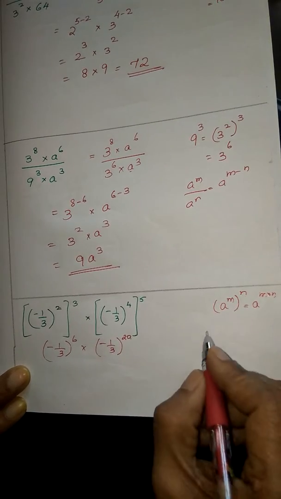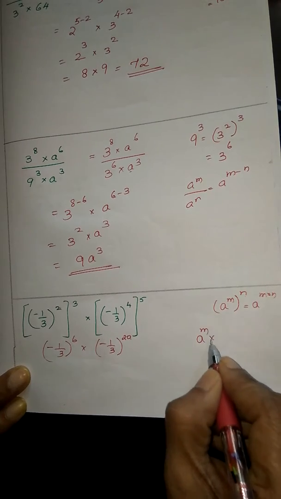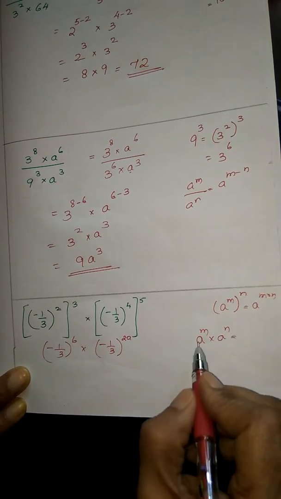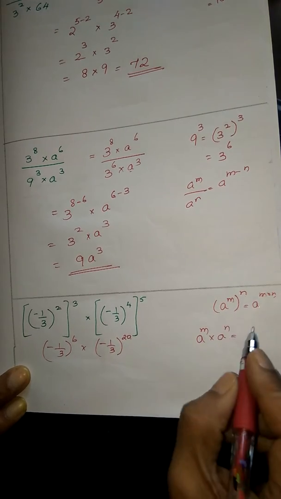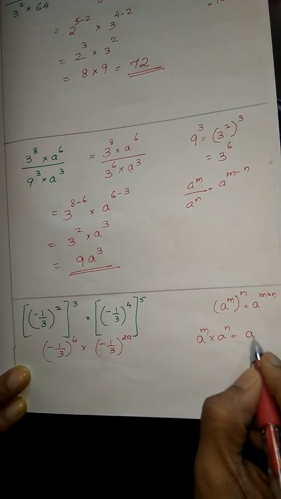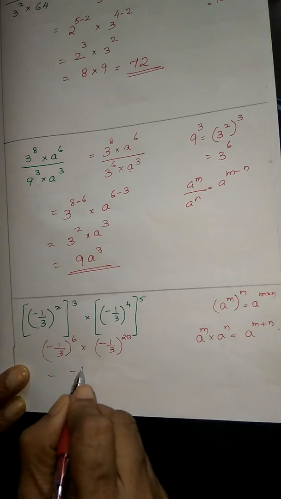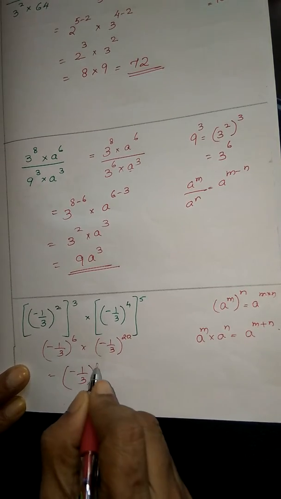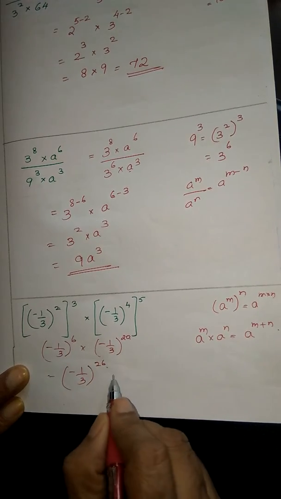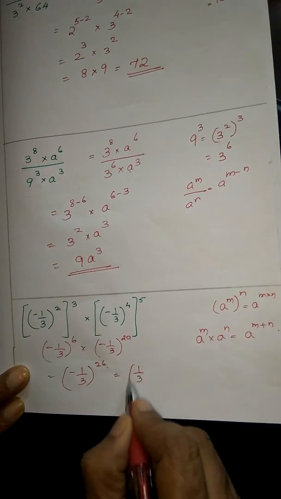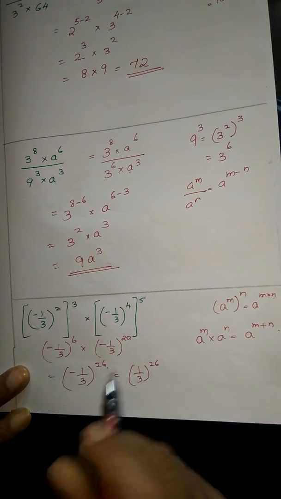So we will use the identity a to the power of m into a to the power of n, when the bases are same and the powers are different, you can write it as a to the power of m plus n. So this is equal to minus 1 by 3 to the power of 26, 20 plus 6. This is also equal to 1 by 3 to the power of 26, because the power is an even number, so the negative will become positive.